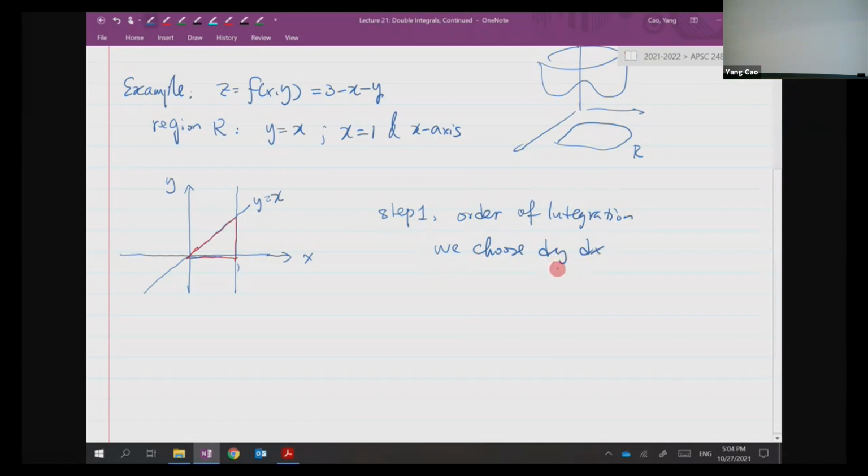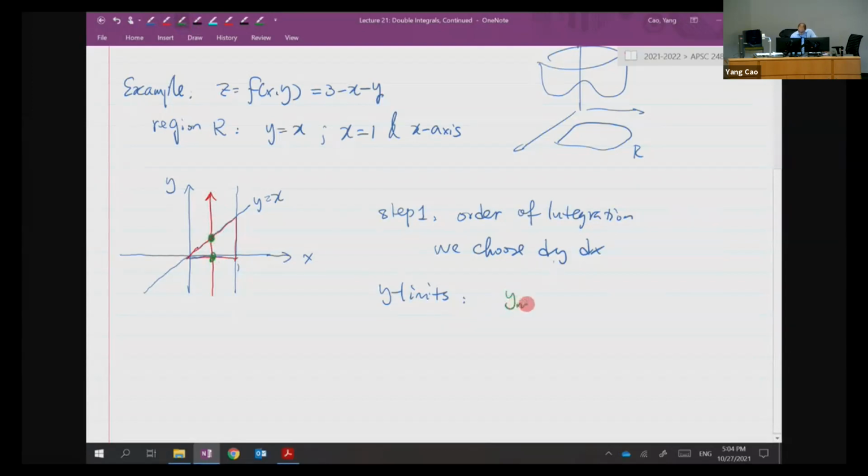That means you're going to integrate over the y variable first. The order determines how you find the limits. Here's how you find the y limit. You draw an arrow line in the positive y-axis direction. Your first contact gives you y min, and the second contact gives you y max.